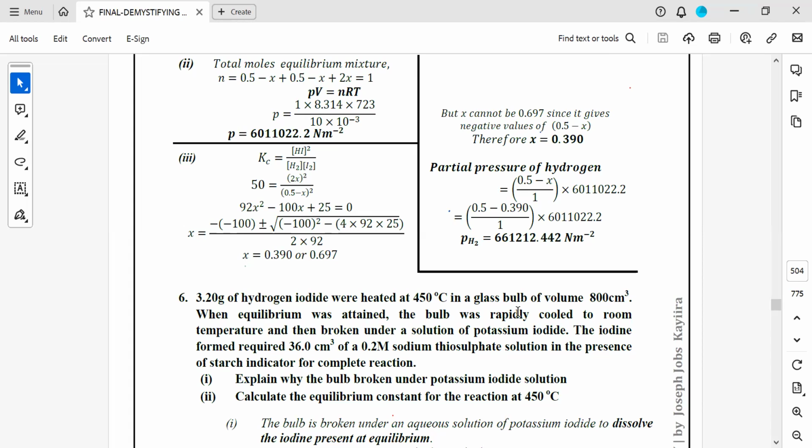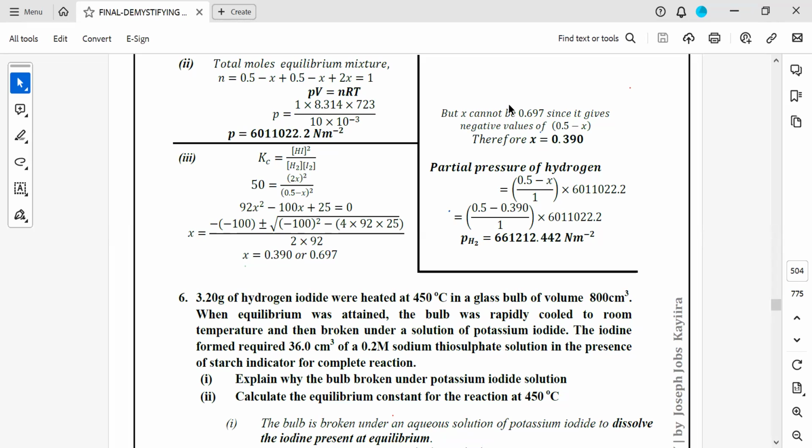So we have another question here, which is 3.20. We have 3.20 grams of hydrogen iodide heated at 450 degrees Celsius in a glass bulb of volume V, and when equilibrium was attained, the bulb was rapidly cooled to room temperature and then broken under a solution of potassium iodide.